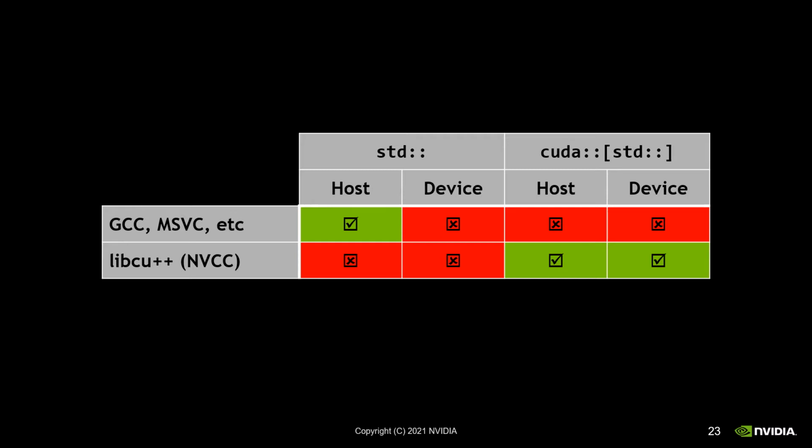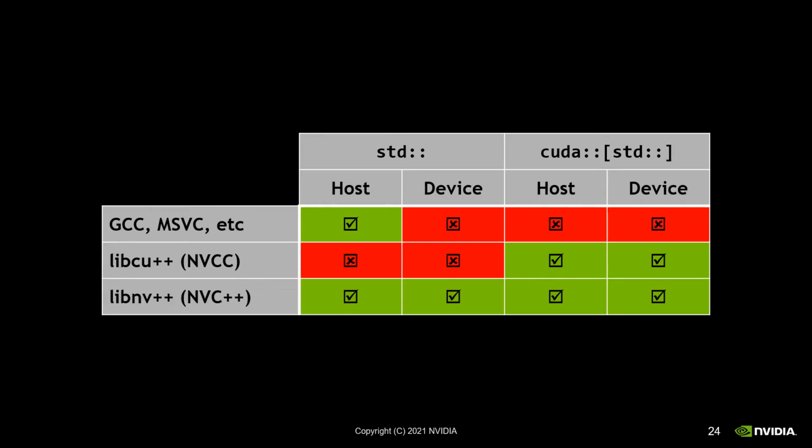It's available today in NVCC for CUDA C++. Libnv++ provides an implementation of STD, CUDA, and CUDA STD that works in both host and device code. It will be available in NVC++ soon for C++ standard parallelism, C++ OpenACC, C++ OpenMP, and CUDA C++.